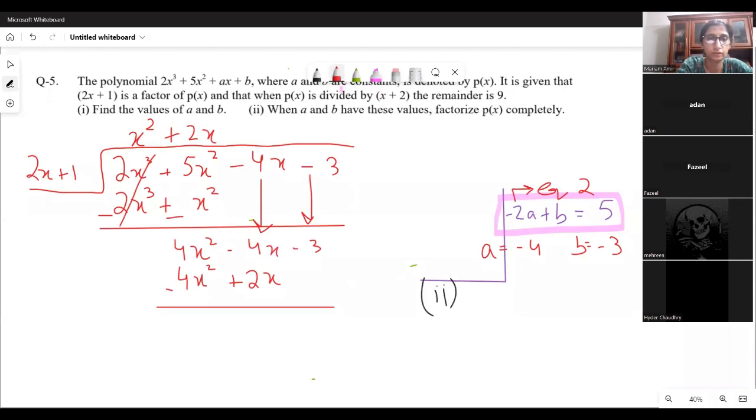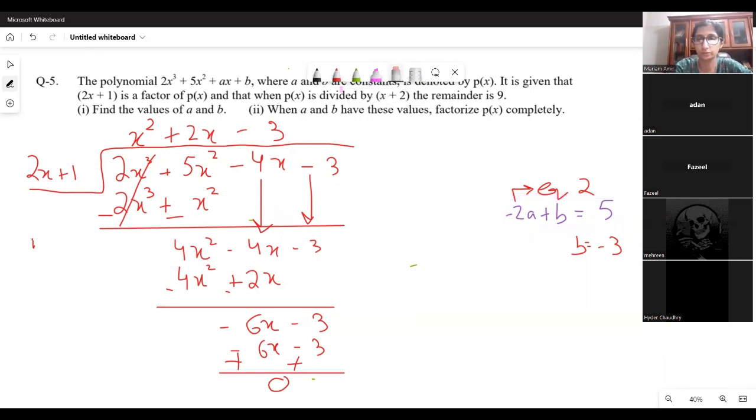Change the signs, minus 6x minus 3. So we write minus 3 here and we get minus 6x minus 3. We change the signs and the remainder is 0. That means we have not made any mistake in the long division process, because the remainder should have been 0, as 2x plus 1 is a factor of the cubic equation.